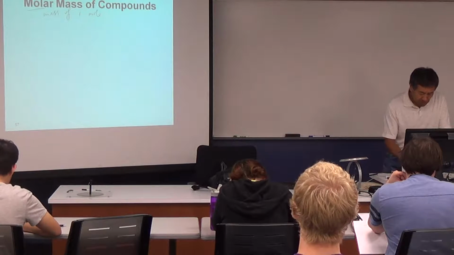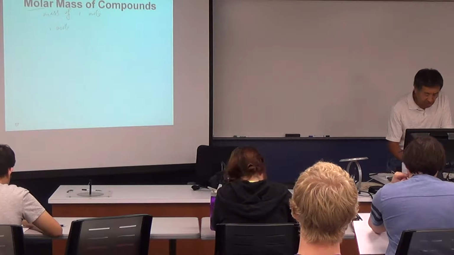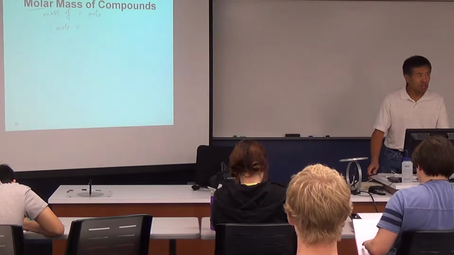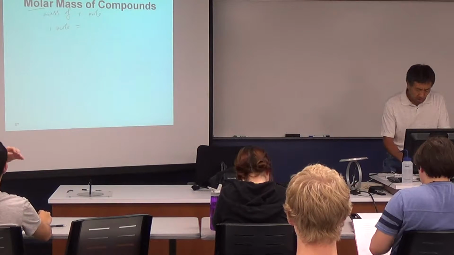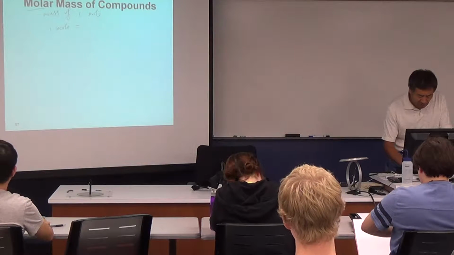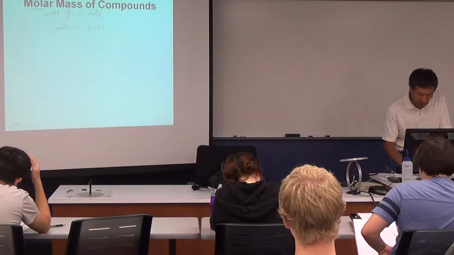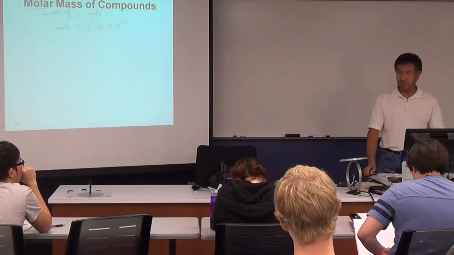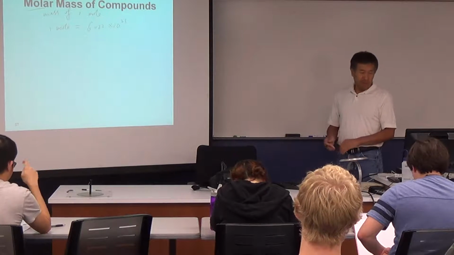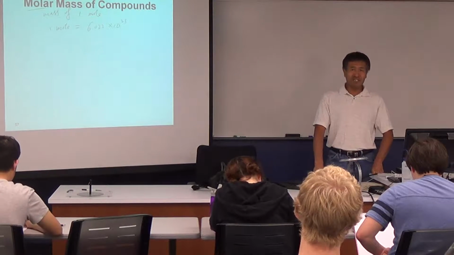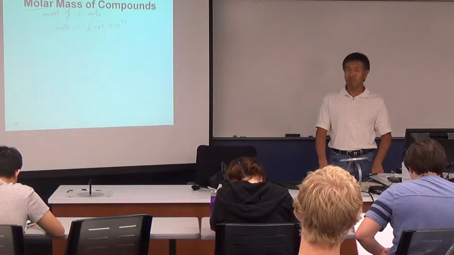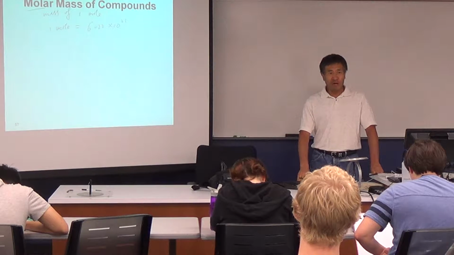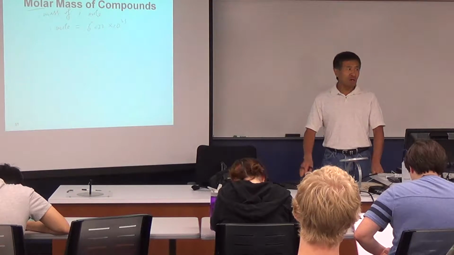And 1 mole of anything is equivalent to the Avogadro number, 6.022 times 10 to the positive 23, that much of something. So in this calculation, we understand what we really get is the mass of that much of something. Not only 1, not 2. It's that much of something.